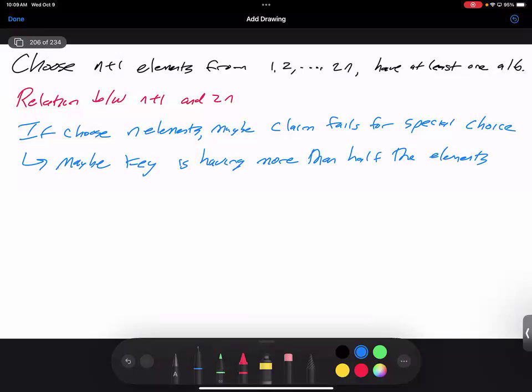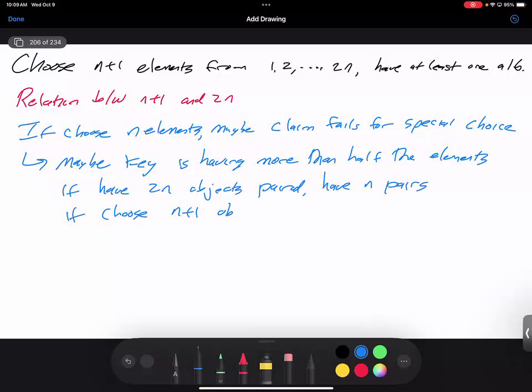If we have 2n objects paired, we have n pairs. If we choose n plus 1 objects, at least one pair has two elements chosen.